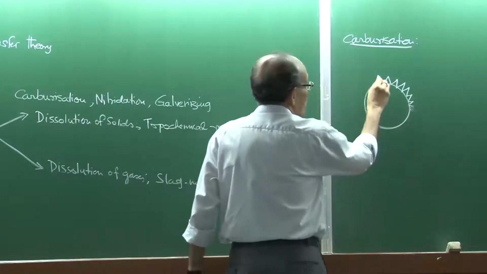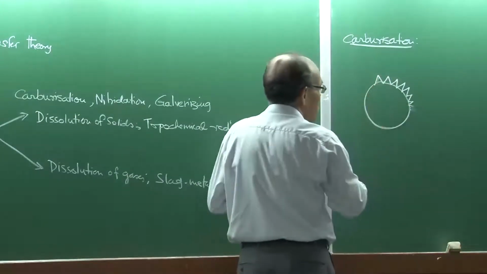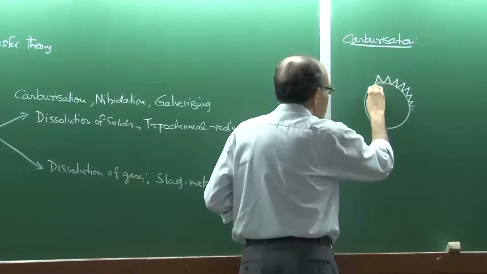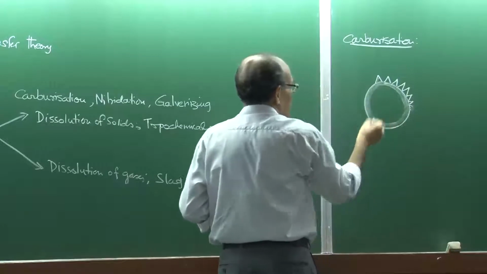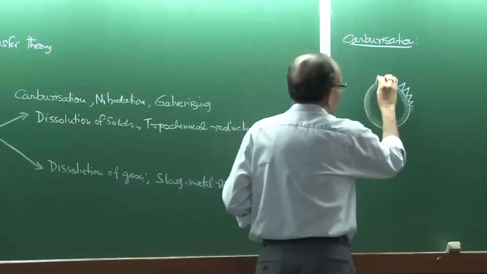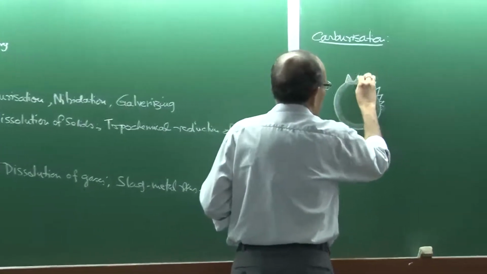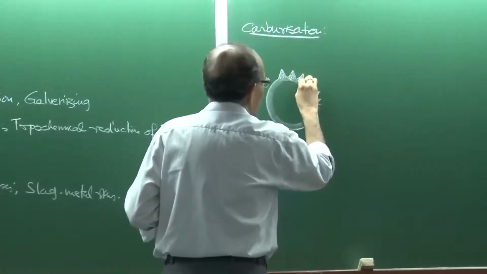These are teeth, so these teeth need, at the most, some kind of a thick carbon layer here, such that the teeth also are carbon rich.